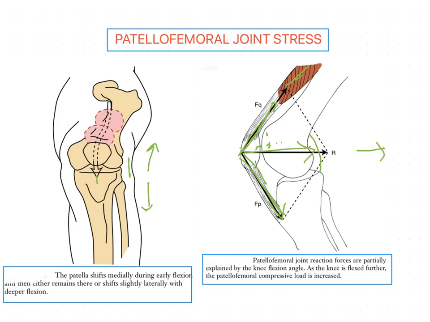So that is what is happening in patellofemoral joint stress. Now we will see this in detail. At full extension, the quadriceps posterior compressive force on the patella is minimized. Why is it minimized here?